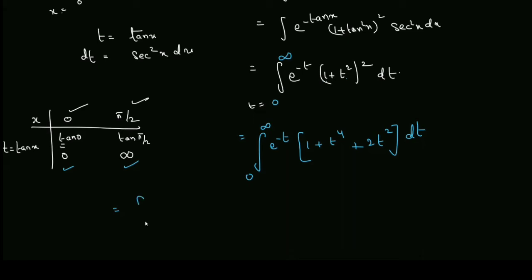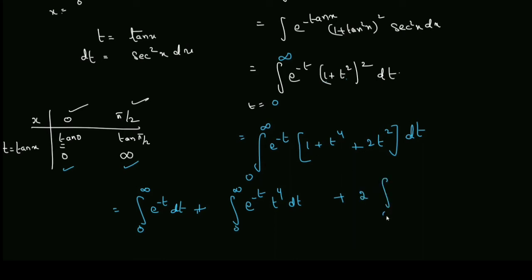Now split this: 0 to infinity e power minus t 1 dt, plus 0 to infinity e power minus t, t power 4 dt, plus the third integral, you can take out the 2 outside, integral 0 to infinity e power minus t, t square dt. So we have found all this.